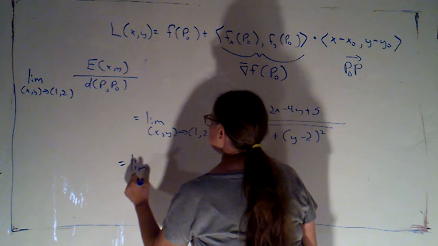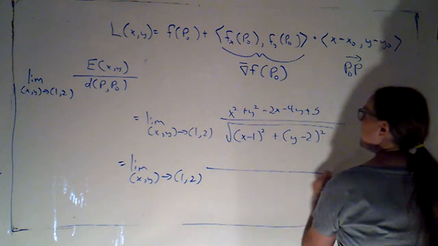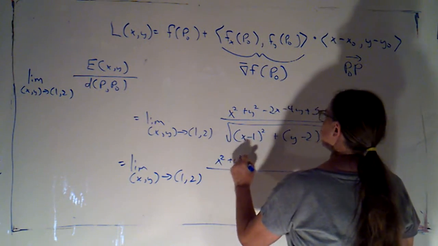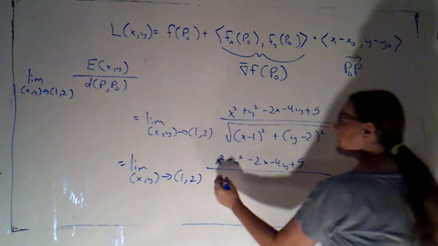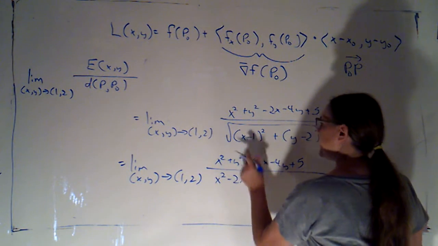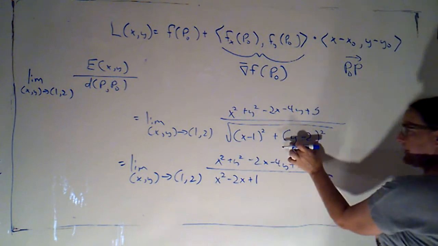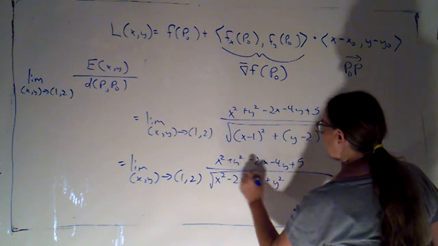So this is the limit as (x, y) approaches (1, 2) of x squared plus y squared minus 2x minus 4y plus 5. Here, if I multiply this out, that's going to be x squared minus 2x plus 1. And if I FOIL this out, that's going to be y squared, oh, sorry, this is still under the radical.